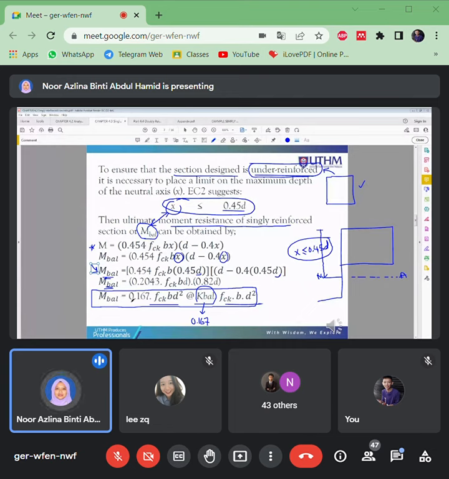Okay, so that's why 0.167 fck bd², ataupun K balance fck bd², where K balance is equal to 0.167.